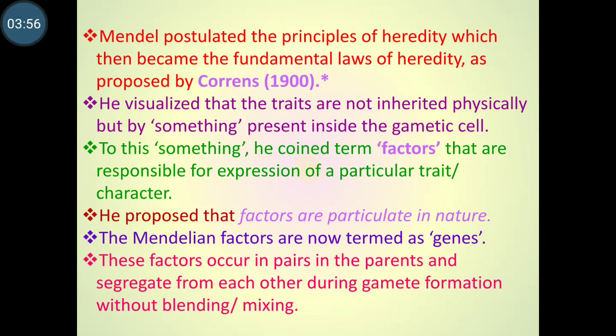And that something is nothing but factors that are responsible for expression of particular character. He proposed that factors are particulate in nature. The Mendelian factors are now termed as genes. These factors occur in pairs in the parents and segregate from each other during gamete formation without mixing.